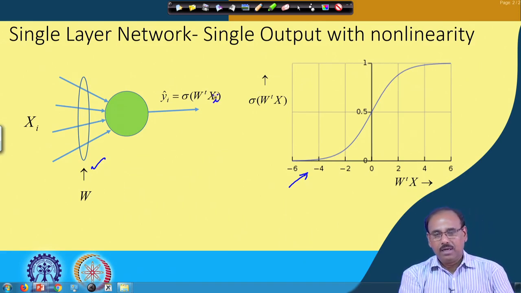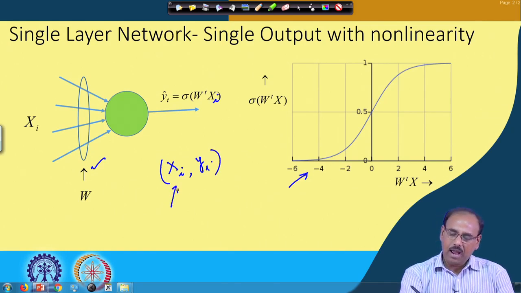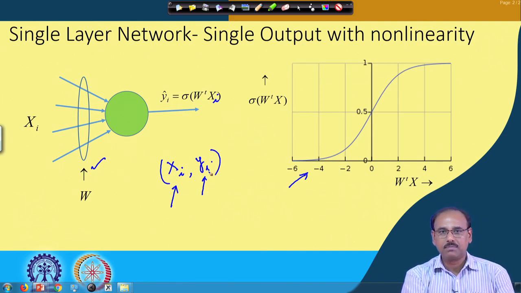For training, you remember that we obtain the training vectors as ordered pairs (x_i, y_i), where x_i is the feature vector and y_i is the class to which this feature vector belongs.